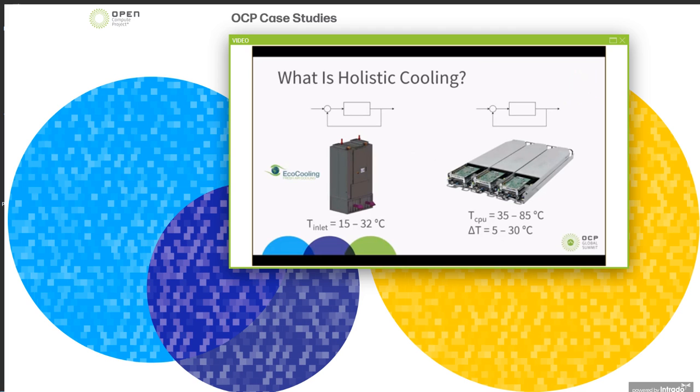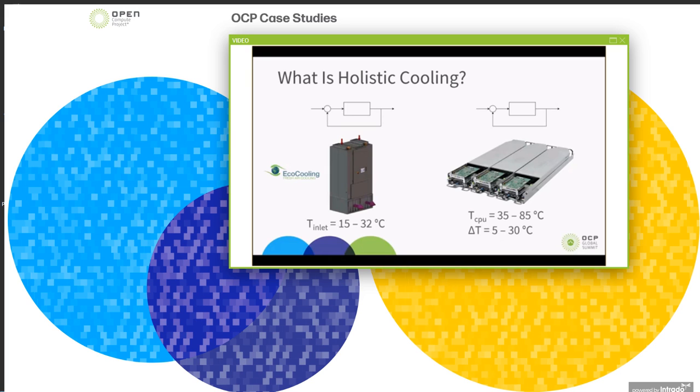So what is holistic cooling? In a data center, you have cooling systems and you have IT systems. The cooling systems have their control loops to maintain a desired inlet temperature to the rack, and hopefully they do that.